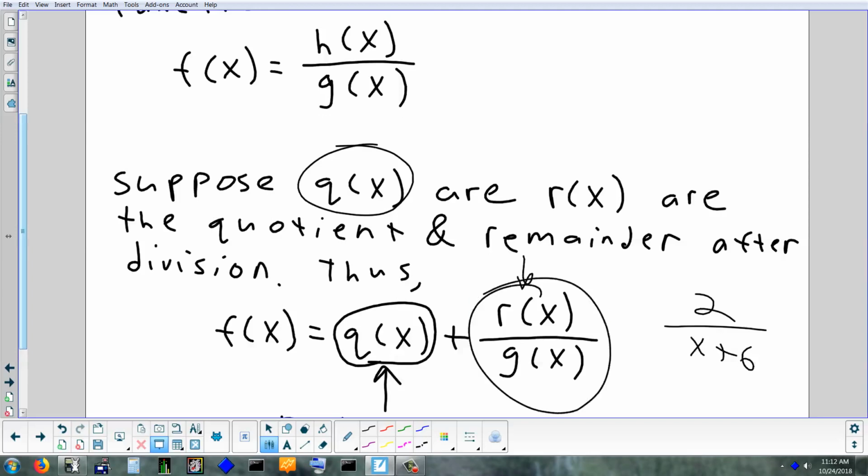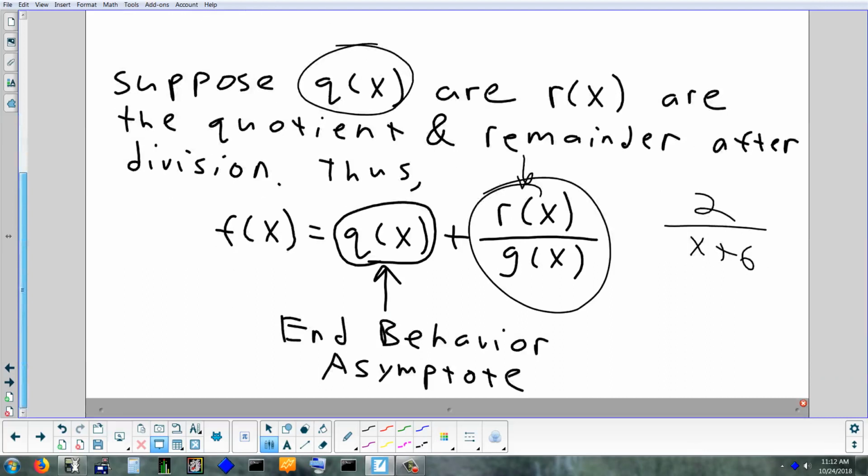If x was 1,000,000, the part I just circled would become 2 divided by 1,000,006. That's a very small number. And the bigger x gets, the even less significant that circled part becomes. All right. So that's why that part doesn't really matter. It's the quotient. And that's your end behavior asymptote, which from this point forward, I'll just call EBA.